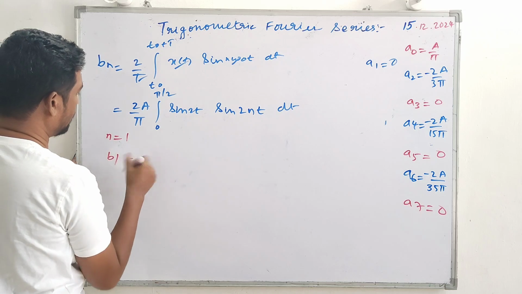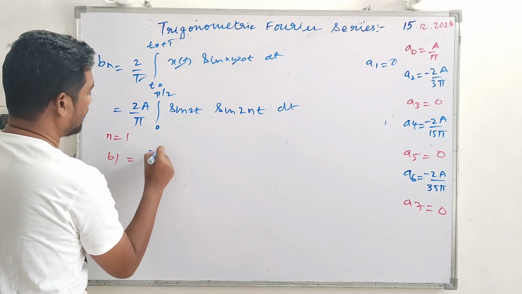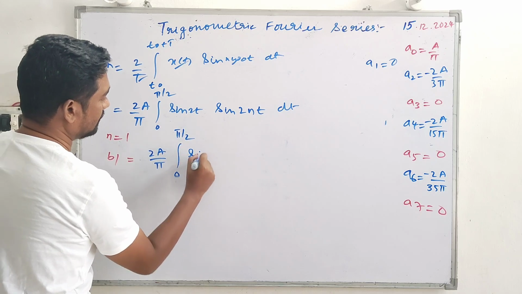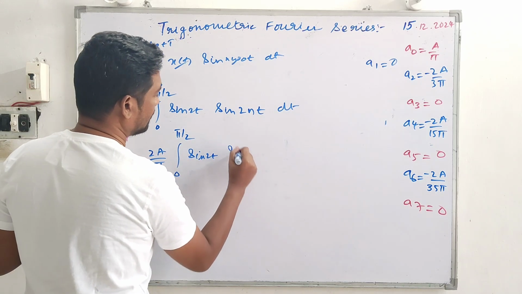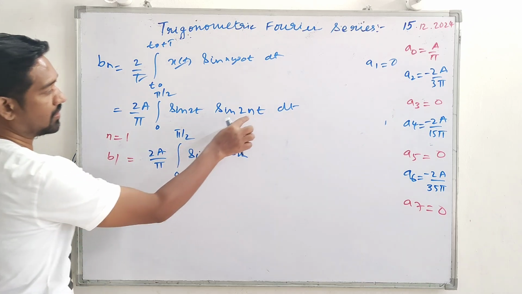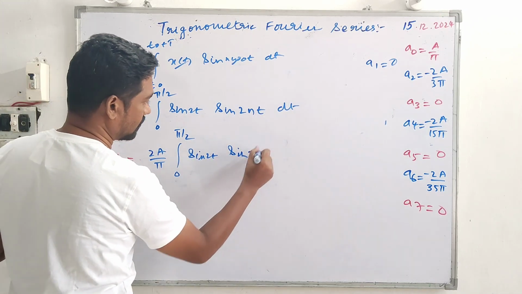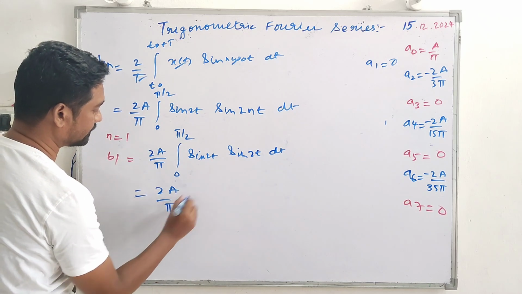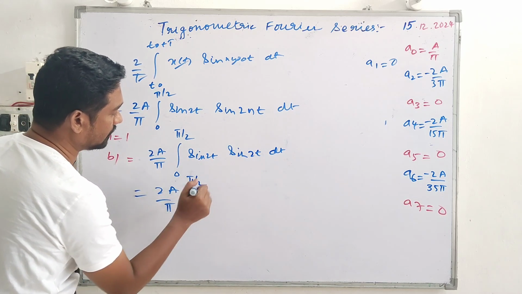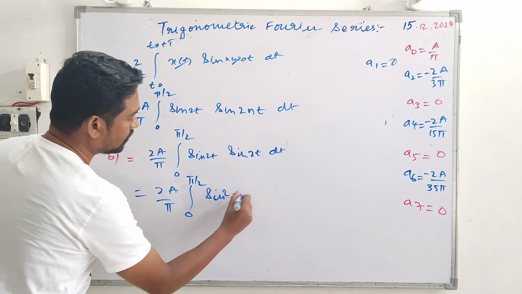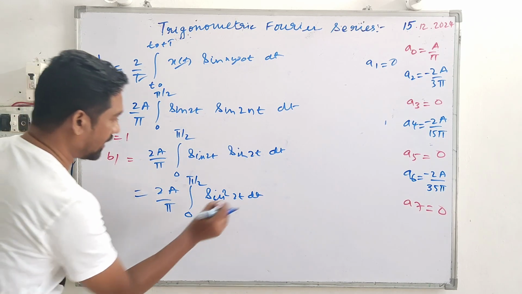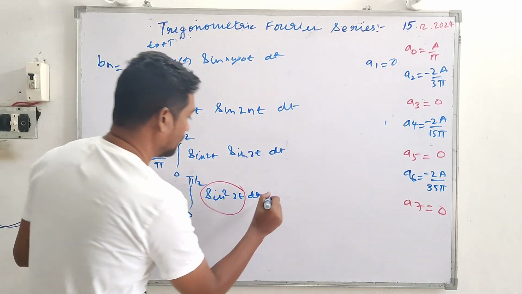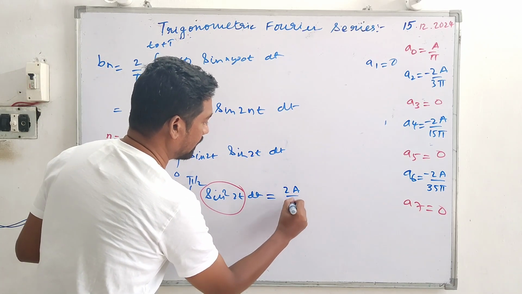A small change over here, it's 2a by pi, integration 0 to pi by 2, sine 2t sine n equal to 1, so 2t dt, which is equal to 2a by pi, integration 0 to pi by 2, sine square 2t dt. Another trigonometric identity comes over here, which is 1 minus cos 2 theta by 2.